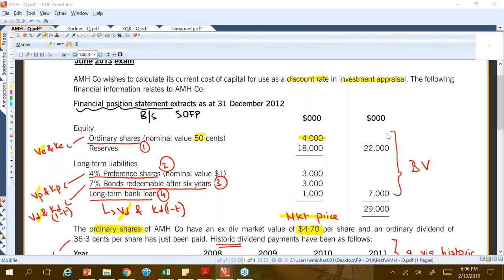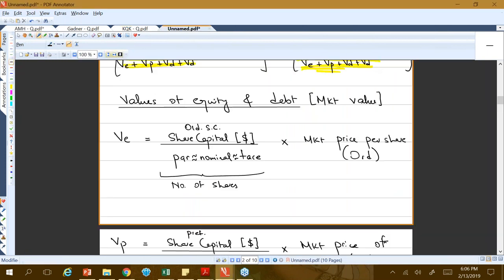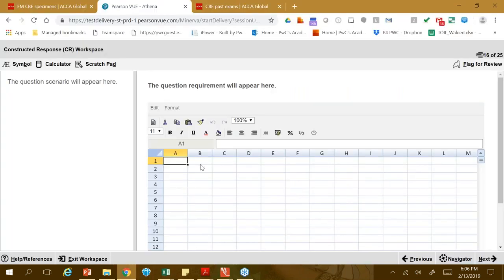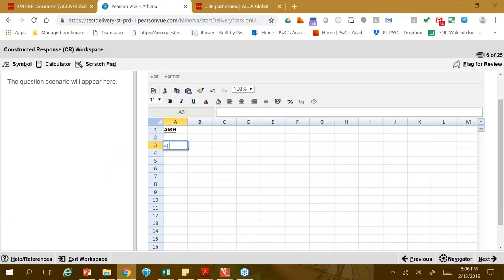So what we can now do is the calculation here where we are going to look at the value. So AMH question, part A, looking at the WACC. So first of all, value of equity. So 4 million, par value is 0.5 and the market price here is 4.70.